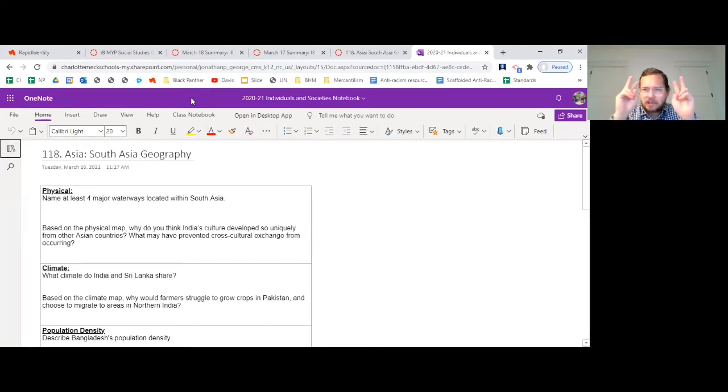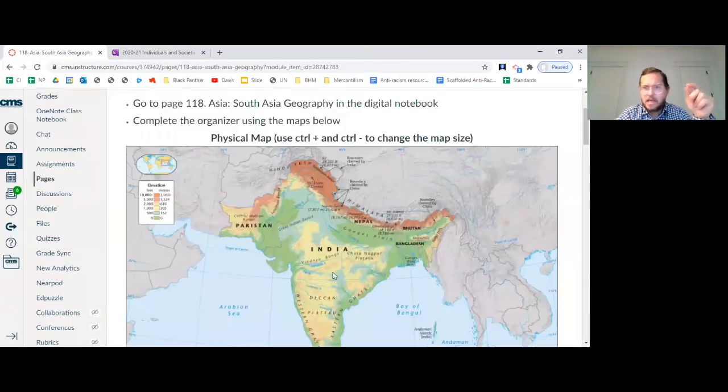Straightforward. There are usually going to be 2 questions per map. So if you take a look at this first map, the physical map of South Asia, Asia is divided into 3 different regions.